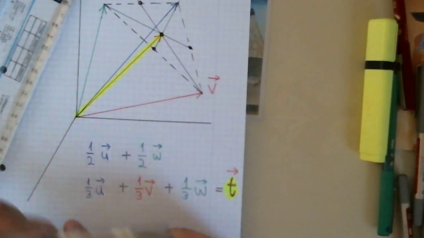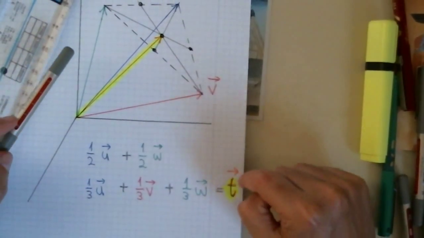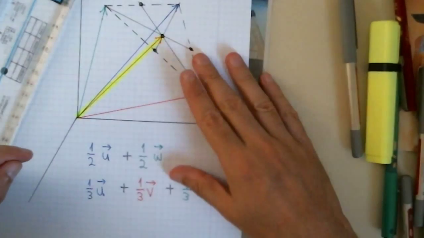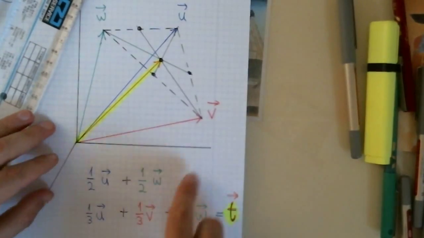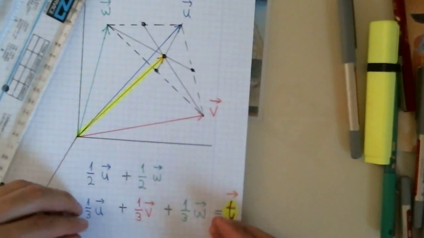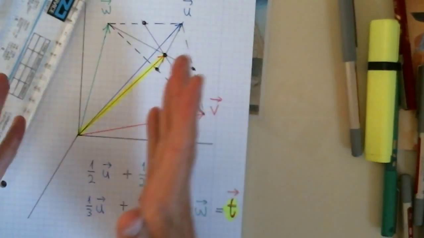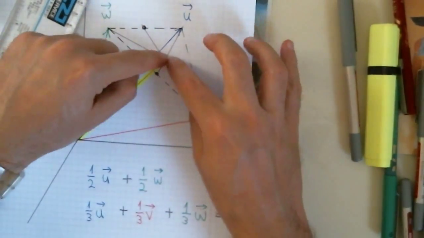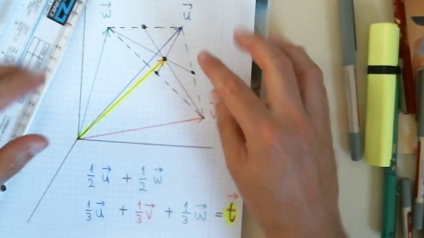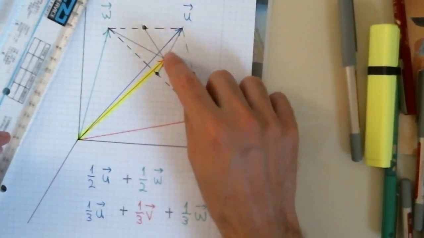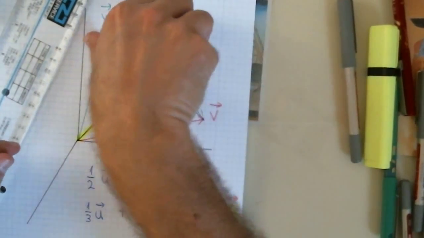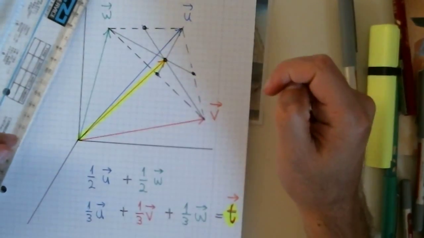So a third of u plus a third of v plus a third of w is T. Again, because each of them has the same strength, no one is stronger than the other one, each of them pulls to his side, and they meet in the middle. Where is the middle? The middle is the point where these medians meet.